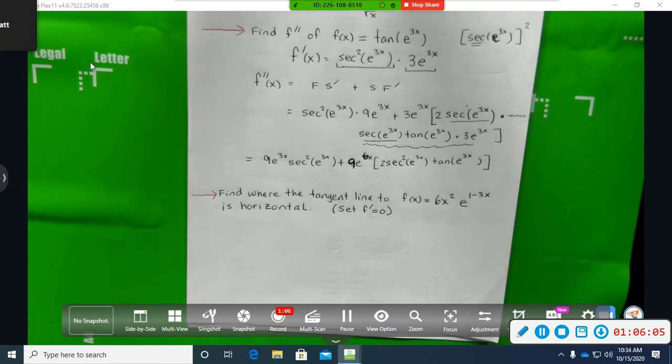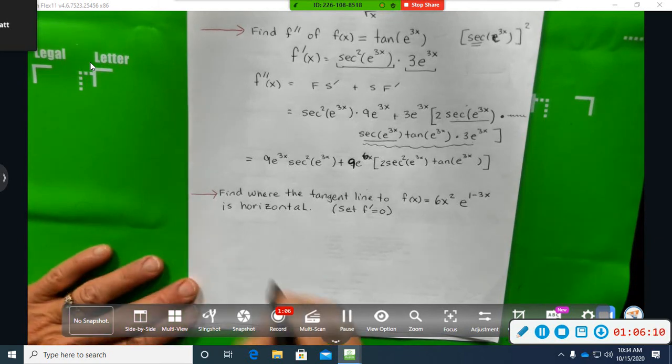Using the product rule, correct? Let's check if you got this.